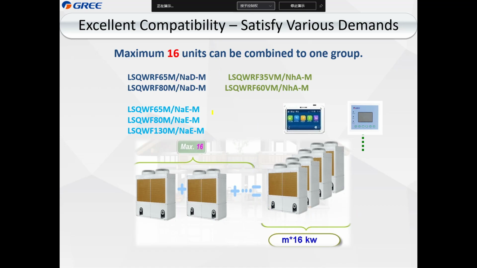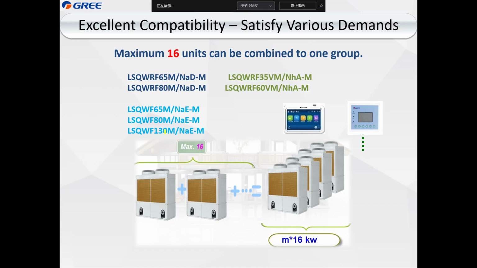Here I list the modules. For D series, it is 65 and 80 kilowatt. These two modules can combine a maximum of 16. For E series also 65, 80. You see here.